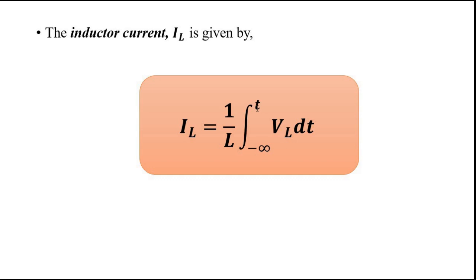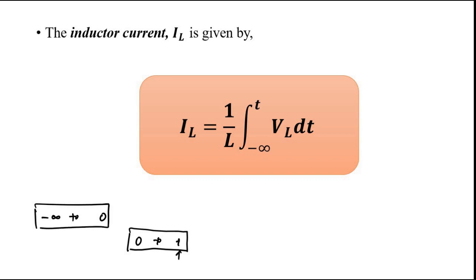Before switching, after switching, steady state, transient state, everything is taken into account. So minus infinity to 0 is the interval before switching, the steady state before switching, and 0 to t is the time interval after switching, up to a particular time instant. These two time intervals should be taken into account because capacitors and inductors are frequency dependent.